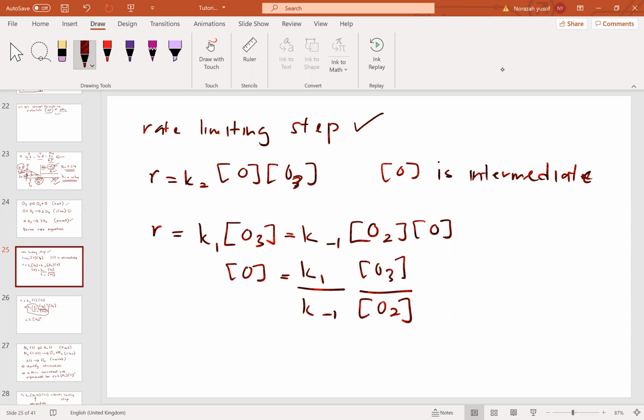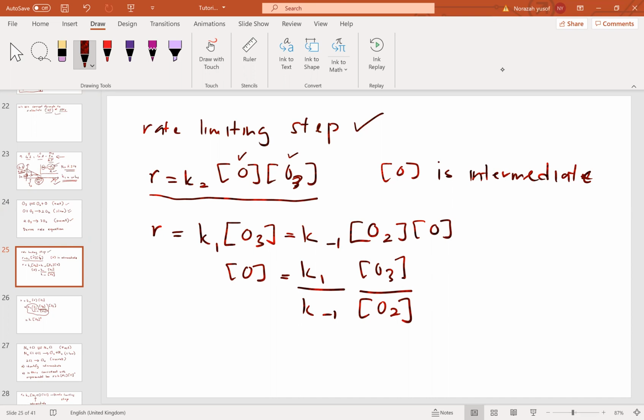Now, for the rate equation of the rate limiting step, let us consider the rate constant as K2, then R equals K2 times the oxygen atom times the concentration of O3.